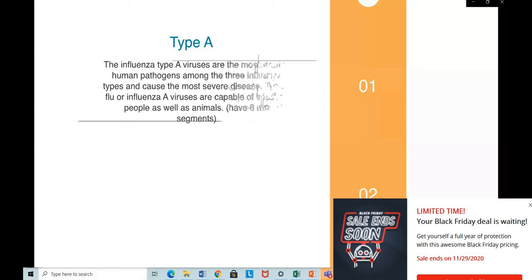Influenza type A. The influenza type A viruses are the most virulent human pathogens among the 3 influenza types and cause the most severe disease. Type A influenza are capable of infecting people as well as animals and have 8 RNA segments.